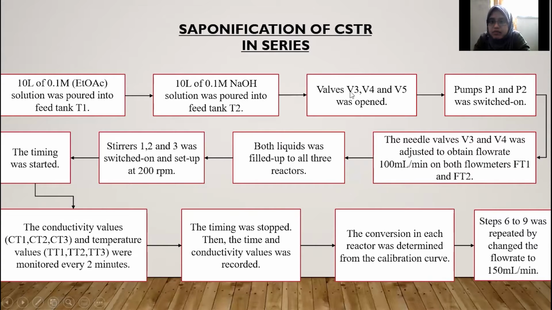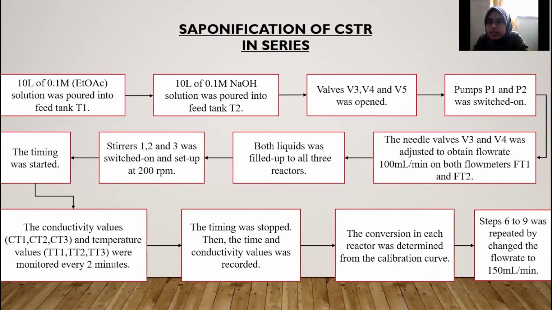Next, we open the valves V3, V4, and V5, and we switch on pumps P1 and P2. After that, the lever valves V3 and V4 are adjusted to obtain a flow rate of 100 milliliters per minute.